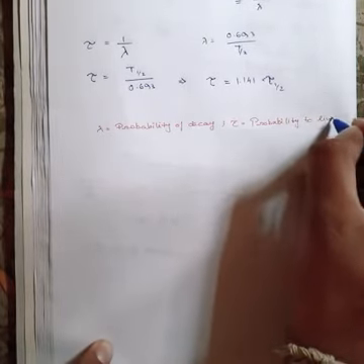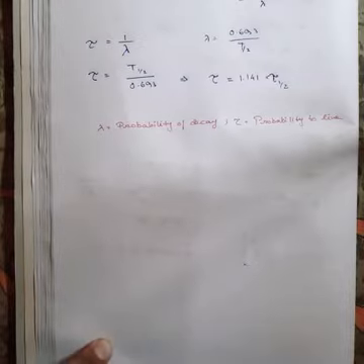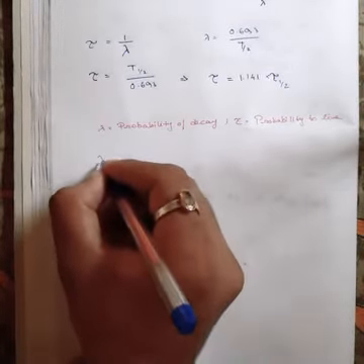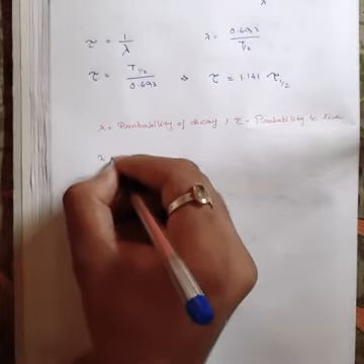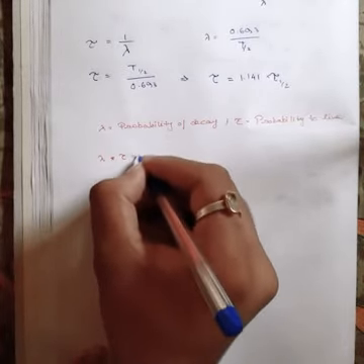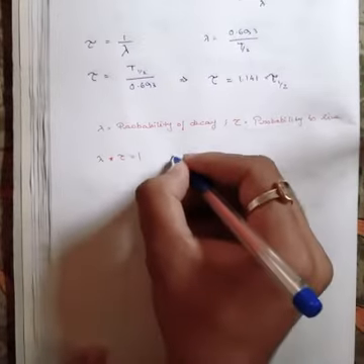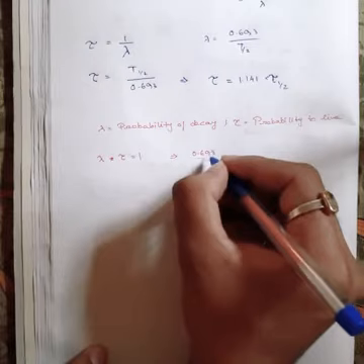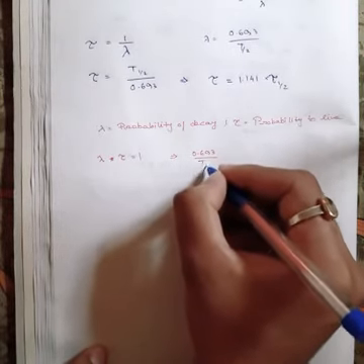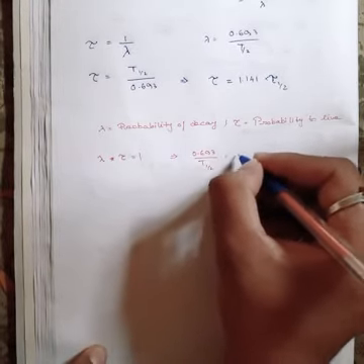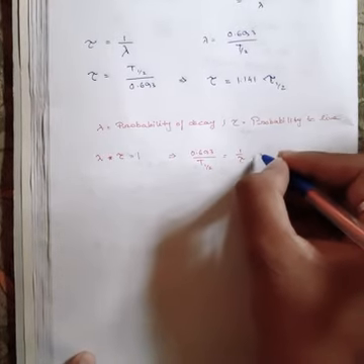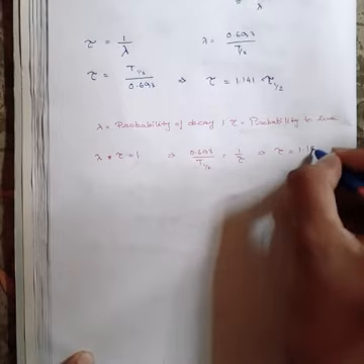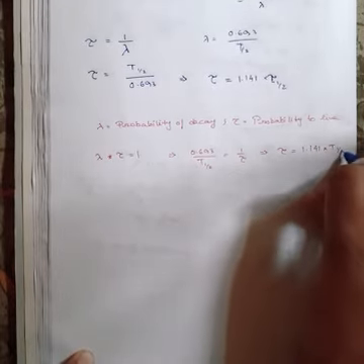Therefore, according to mathematics, lambda into tau equals 1, or 0.693 by t half equals 1 by tau, or tau equals 1.441 into t half.